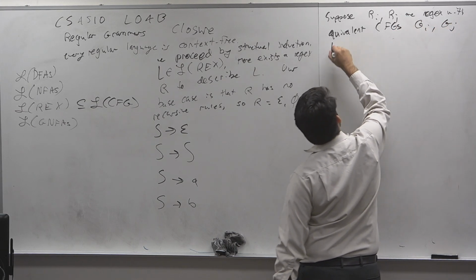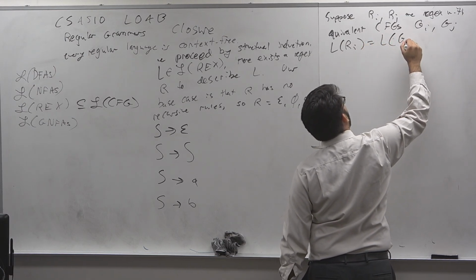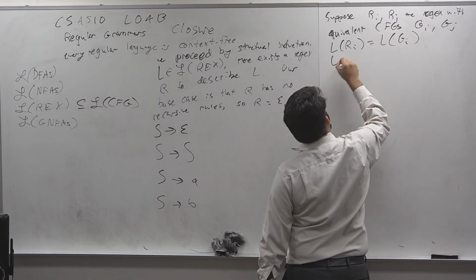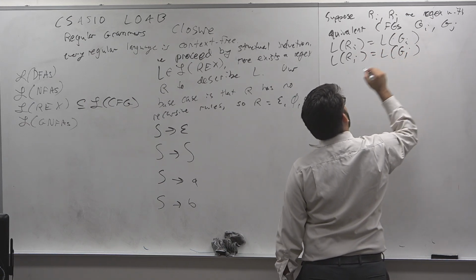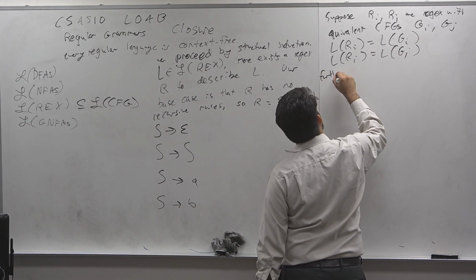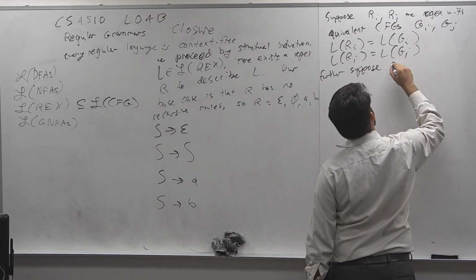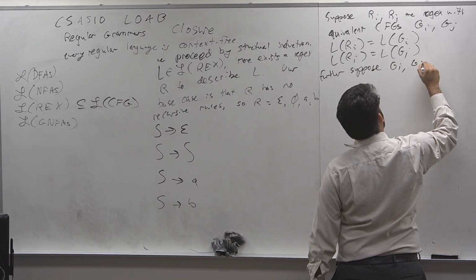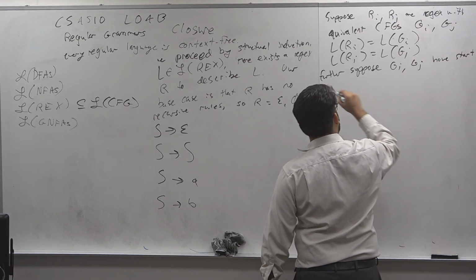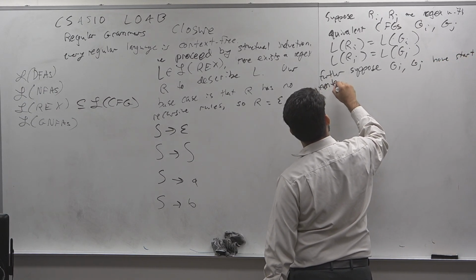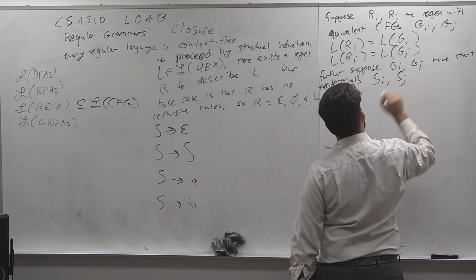By equivalent, we mean that the language described by Ri is equivalent to the language described by Gi, and the language described by Rj is equivalent to the language described by Gj. Further, suppose Gi and Gj have start non-terminals Si and Sj, right?